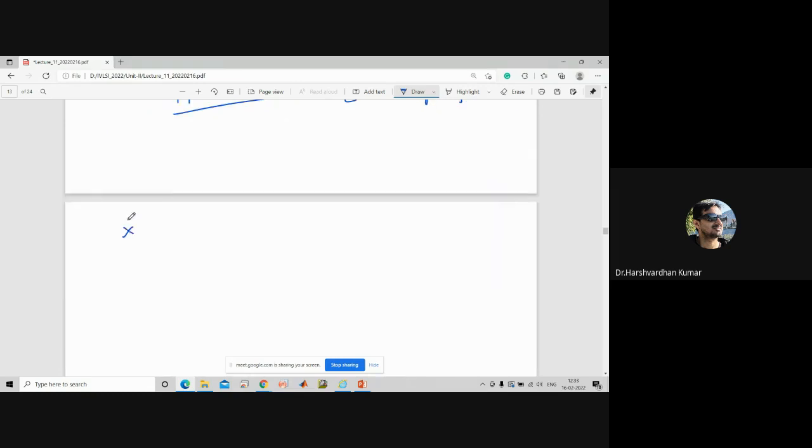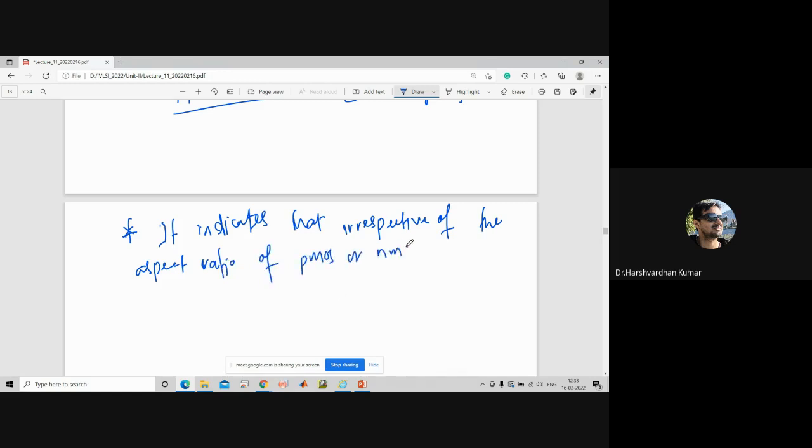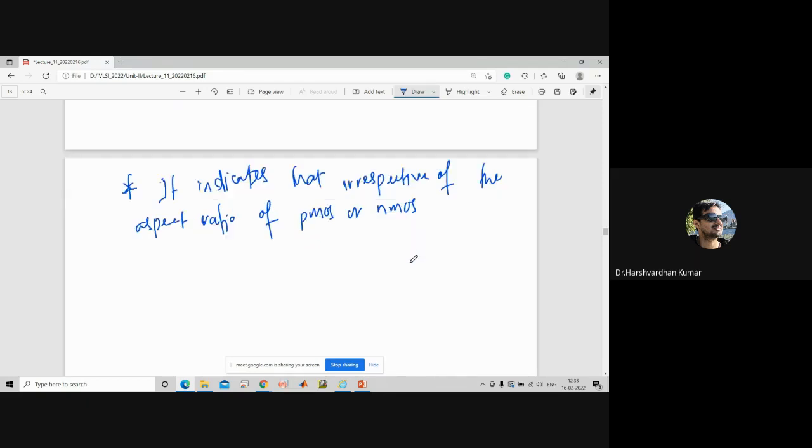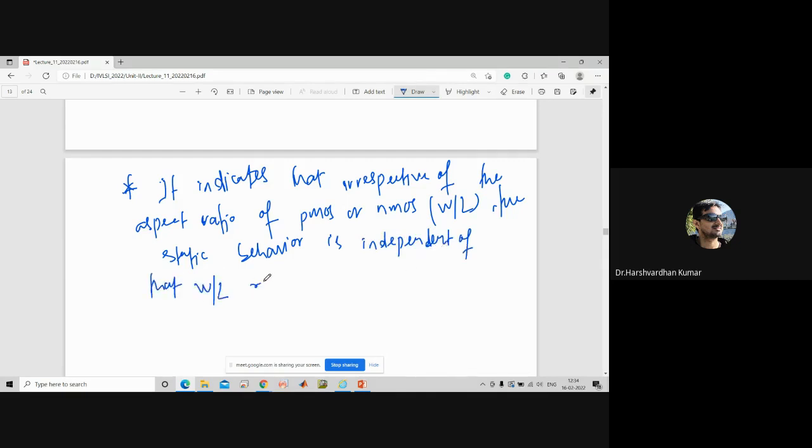It indicates that irrespective of the aspect ratio, W by L, of PMOS or NMOS, because in a CMOS inverter we connect both PMOS and NMOS, the static behavior is independent of that W by L ratio. So what does it mean?